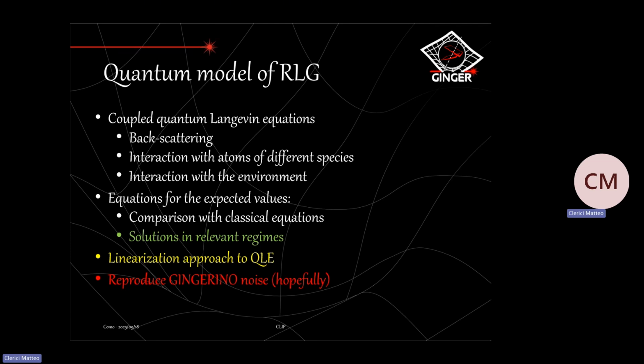So we are confident that these equations are right, and we are working on solutions in relevant regimes, and then we will linearize the quantum Langevin equation, possibly or hopefully reproducing the noise we have seen in our device.